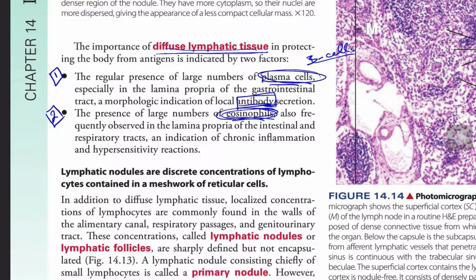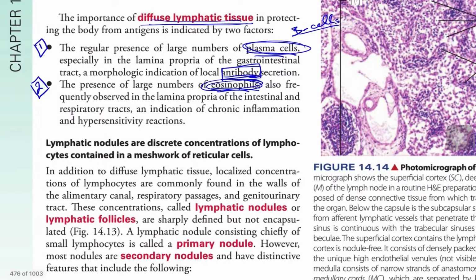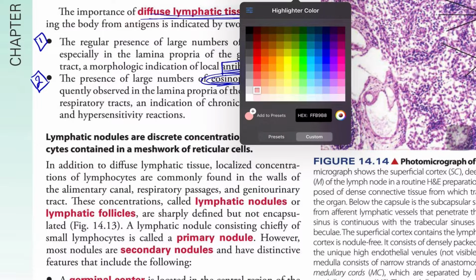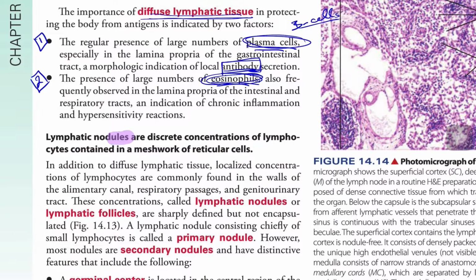Lymphatic nodules are discrete concentrations of lymphocytes contained in a meshwork of reticular cells.